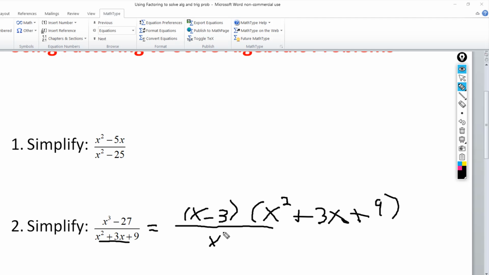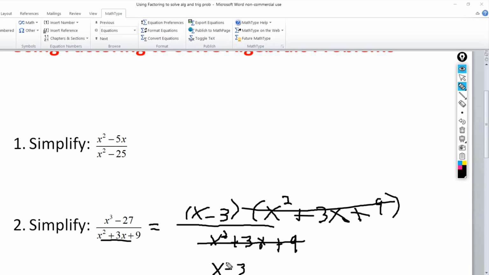So let me just write it out here. x squared plus 3x plus 9. And I have the same thing up here as a factor. I can divide this out with this one. That becomes a 1. 1 times x minus 3 is x minus 3. So the simplified form of this problem is x minus 3.